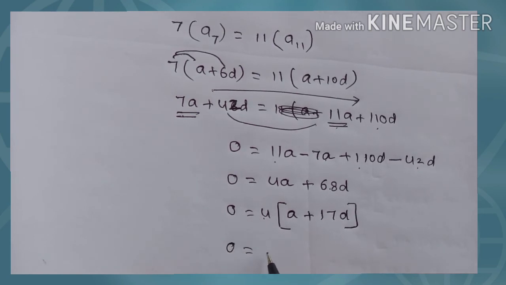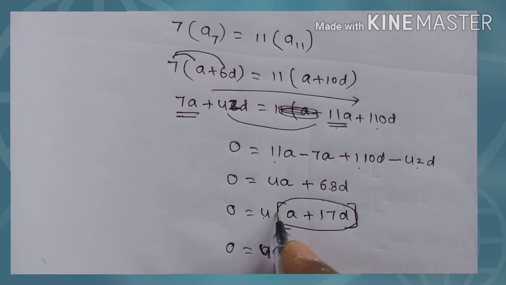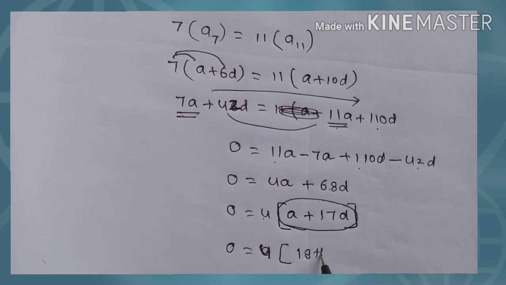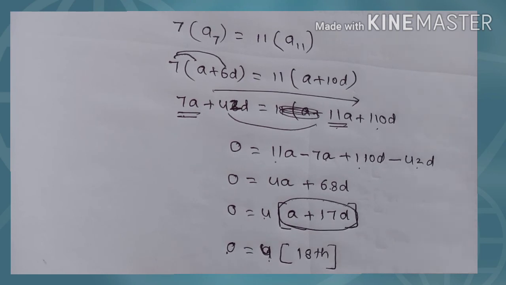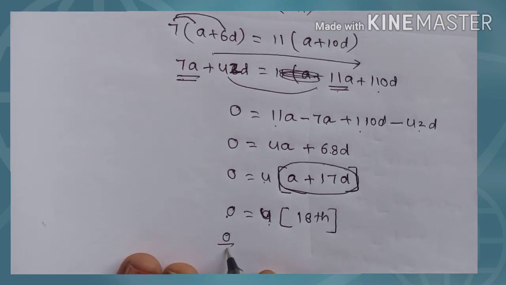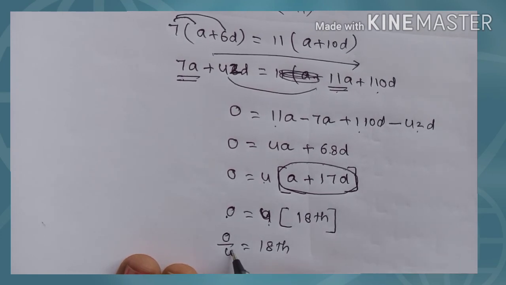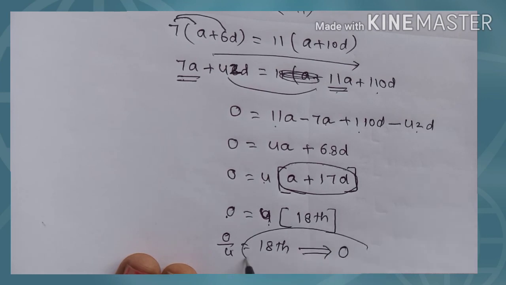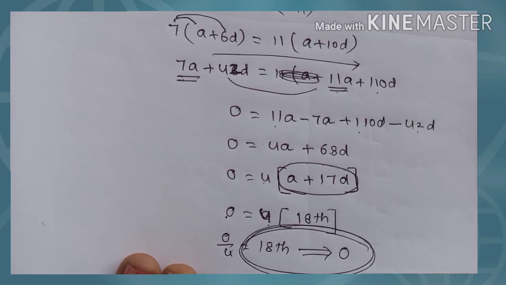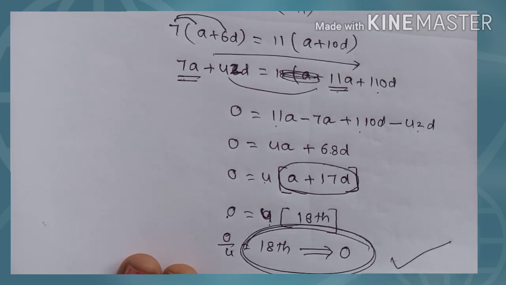So 0 is equal to 4 into A plus 17D, which is called the 18th term. Now transpose the 4: 0 by 4 is equal to the 18th term. 0 by 4 is equal to how much? You will get 0. So the 18th term of the AP is equal to 0.